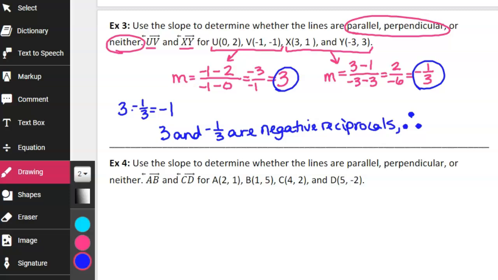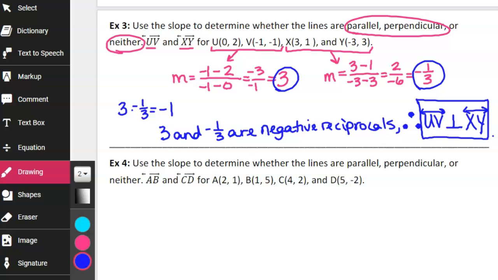So I have this statement and then I'm making my conclusion. So 3 and negative 1/3 are negative reciprocals. Therefore, I would say that line UV and line XY are perpendicular to each other. Remember, the symbol for perpendicular is an upside down T. So there is my answer.